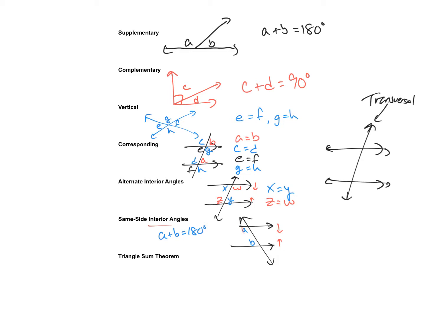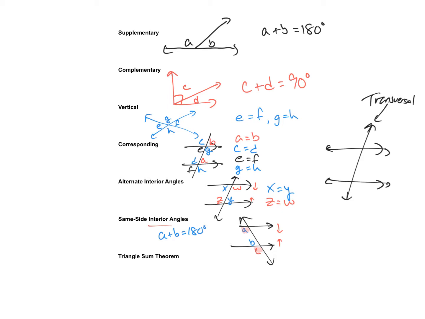If I were to highlight angle A here and translate it down to its corresponding angle, we'll call it angle C, then B and C are supplementary, right? They share a line cut into two, and so those are supplementary.